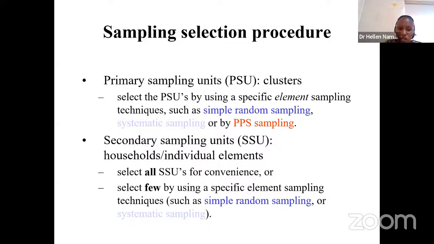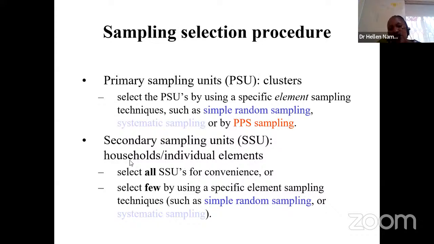However, you can go ahead and do another selection, either by using a simple random sampling, or a systematic sampling, depending on what you want. And if you do that again, then we refer to that as the secondary sampling units.